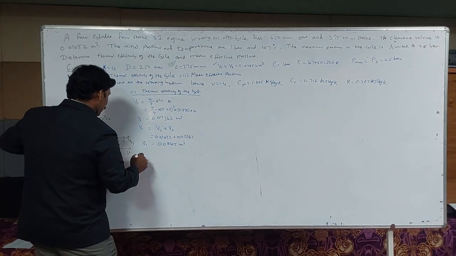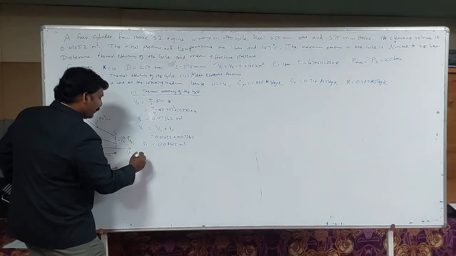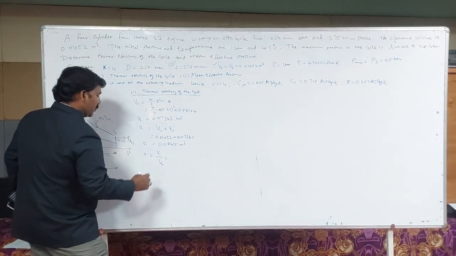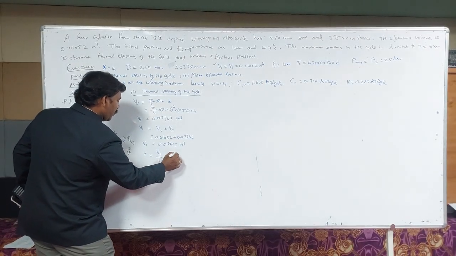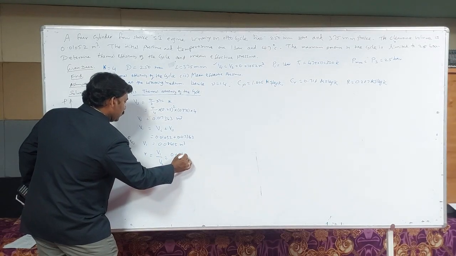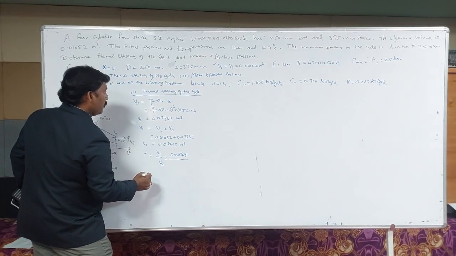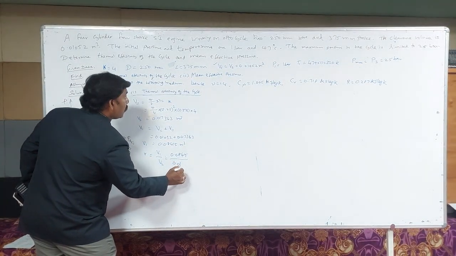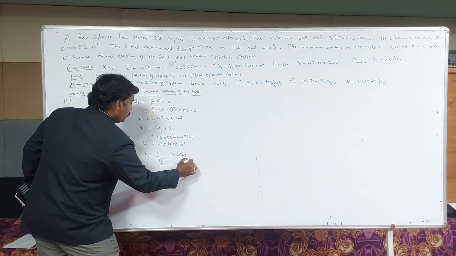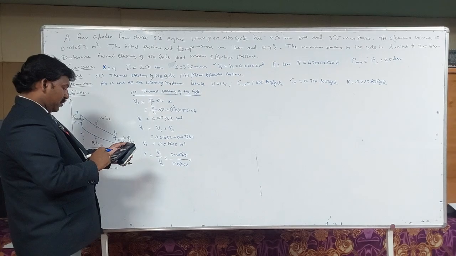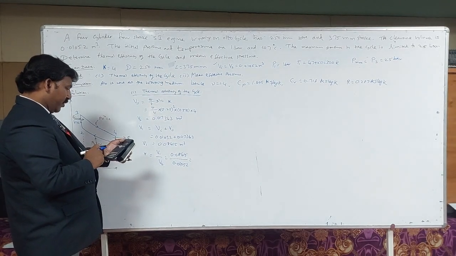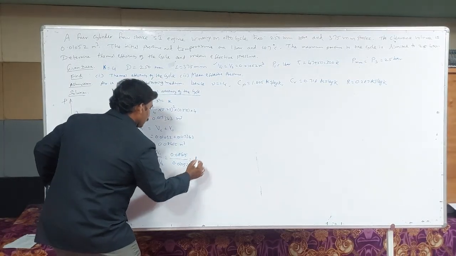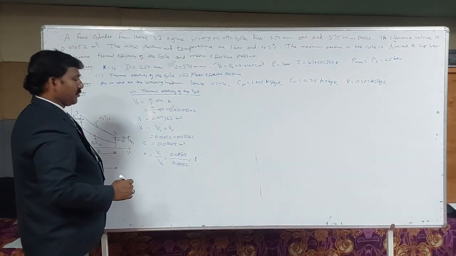This is V1. Now the compression ratio R is equal to V1 by V2, the volume at the initial stage divided by the volume after compression. So 0.08415 divided by 0.01052. The answer is approximately 8. So the compression ratio is 8.